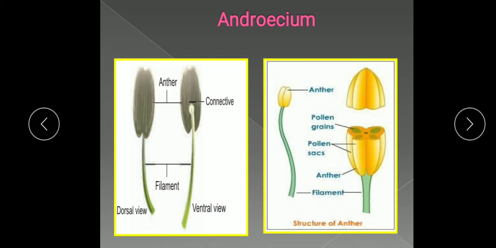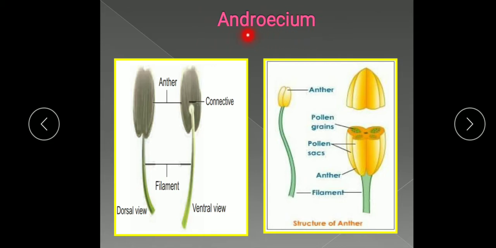As I explained to you earlier, a flower has two non-essential whorls and two essential whorls. One of the essential whorls is the androecium. What is the androecium? Androecium is the male reproductive part.